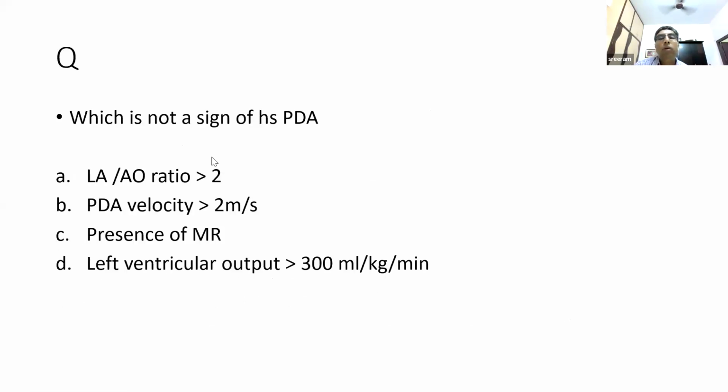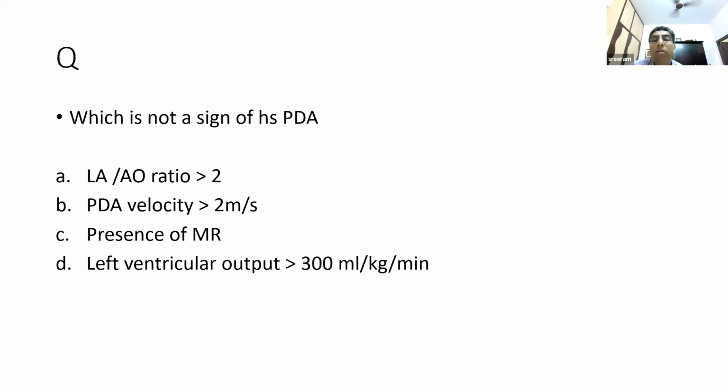Yeah. So which is not a sign of HSPDA among all the four? Not a sign.